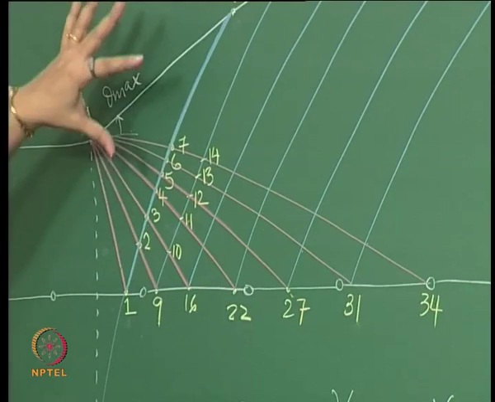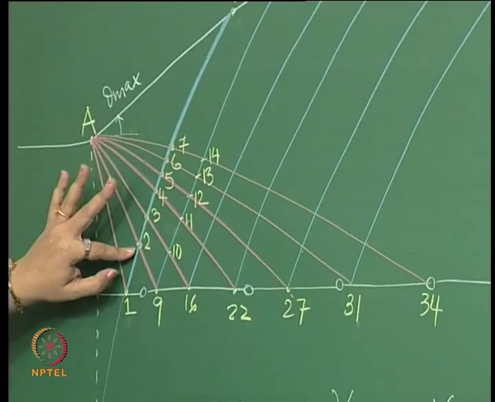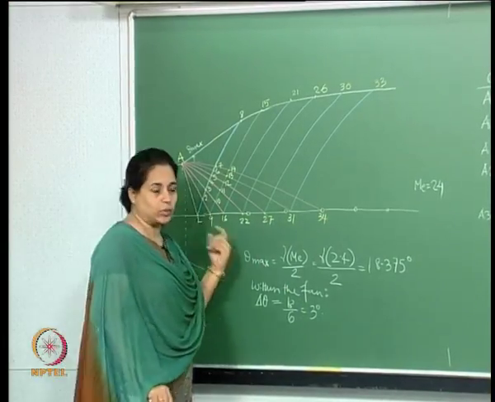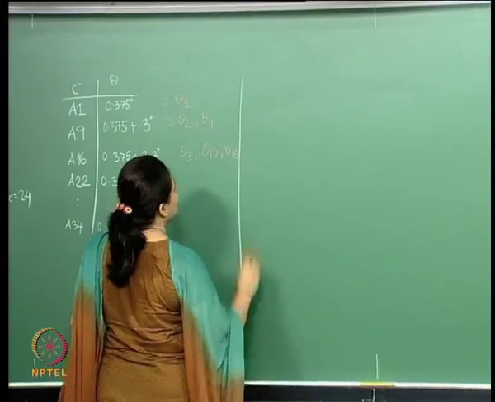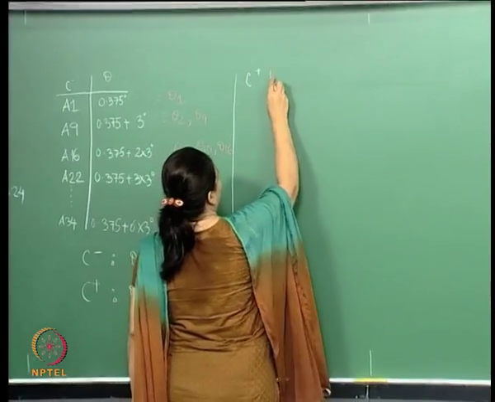So on this right running characteristic, we will consider points 1 and 2, and apply the compatibility equation between these two points.